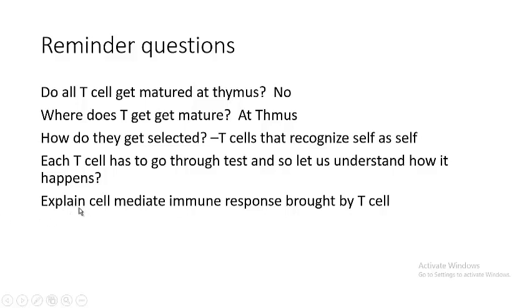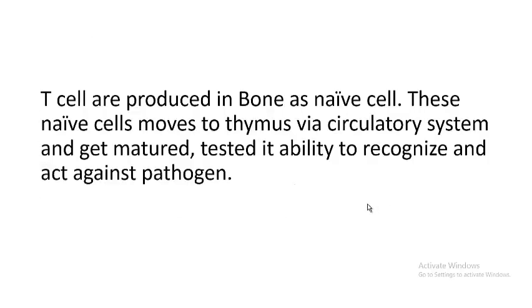Further, we are also going to see how T cells mediate the immune response. T cells are produced in the bone marrow as naive cells, quite immature to function. These naive cells move to the thymus by the circulatory system and get matured and tested on their ability to recognize pathogens and the self body cells.